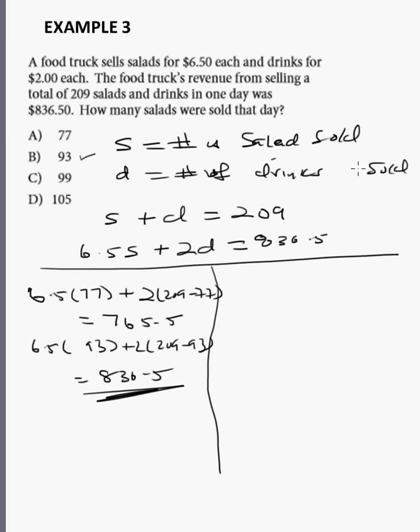Now let's suppose you are good in algebra and you want to solve algebraically. If I want to find S, I can multiply the first equation by 2. Actually, let's multiply by -2 so we can eliminate D. So we get -2S minus 2D is equal to minus 418.